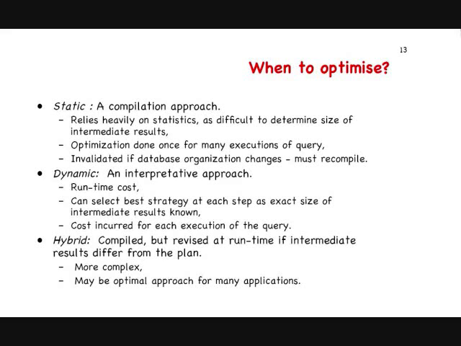We could do it dynamically, so we take the first step, we do it, we look and see what's the best thing to do next, given what else we've got to do, and just do it step at a time. Now, that's at one level nice because we know the size of intermediate results, and we can be exact there.